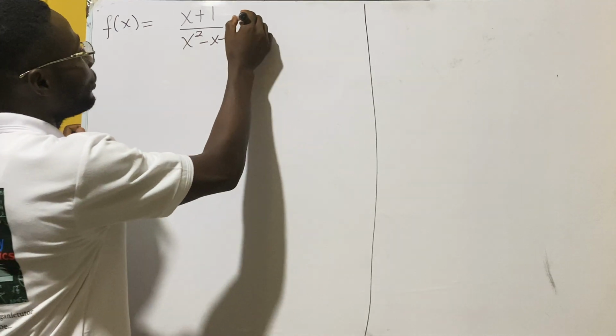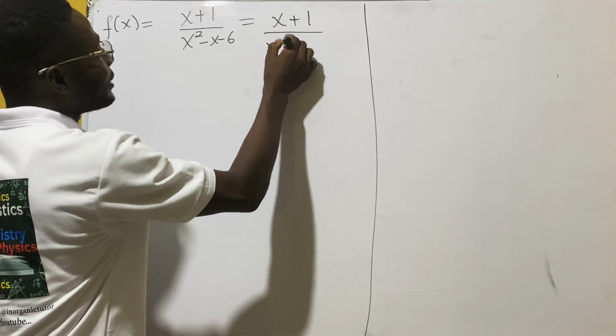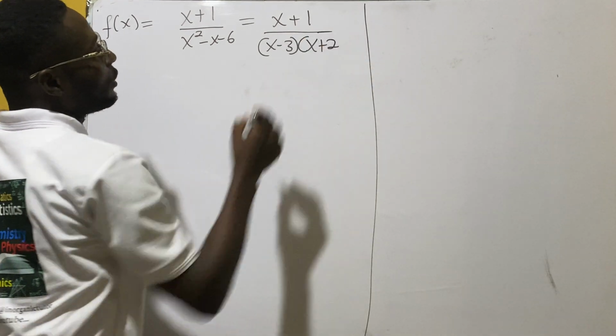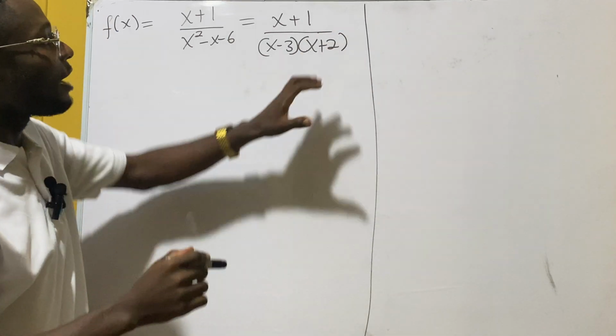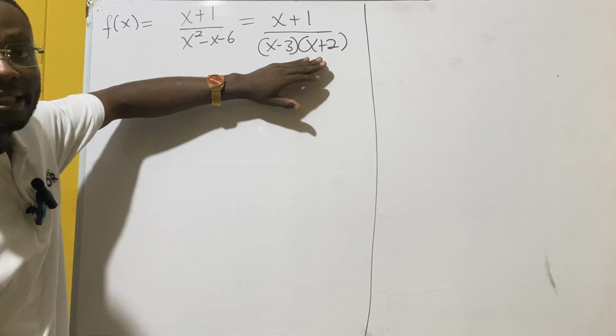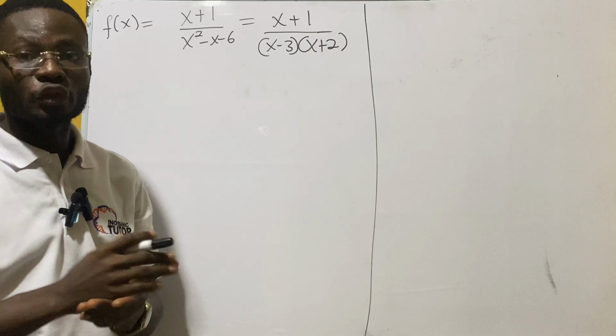So here we can write this expression as x minus 3, x plus 2. Okay, so once we have this expressed in this way, then we can go ahead and decompose it.